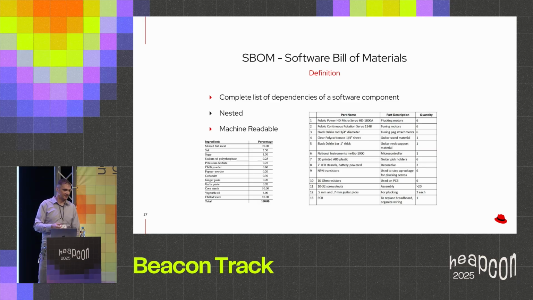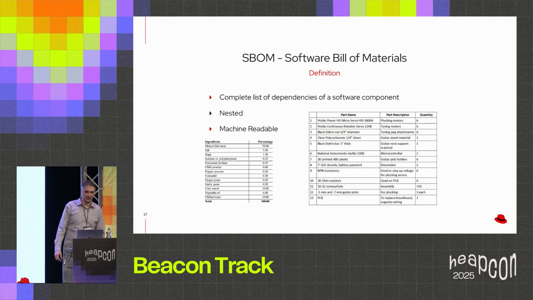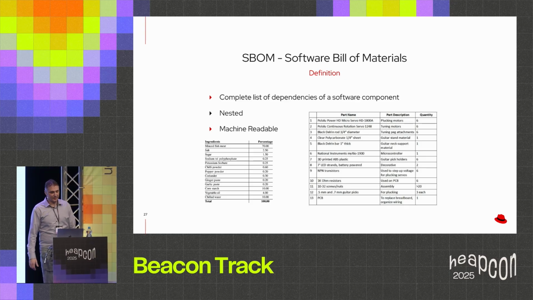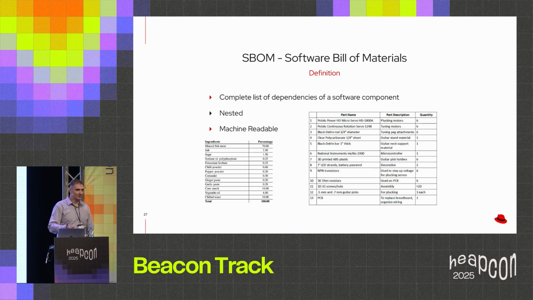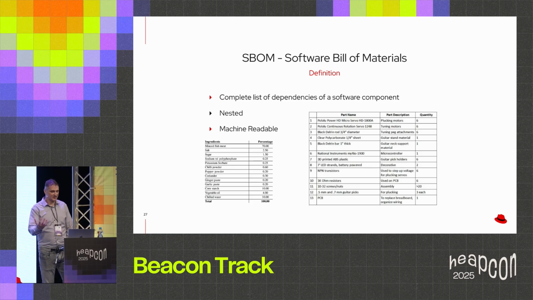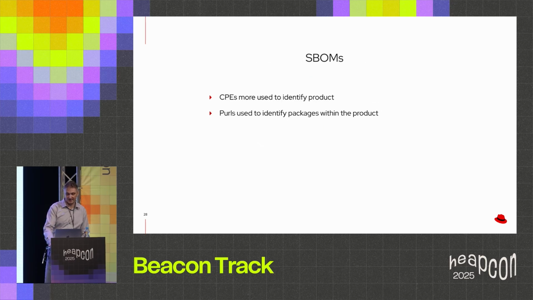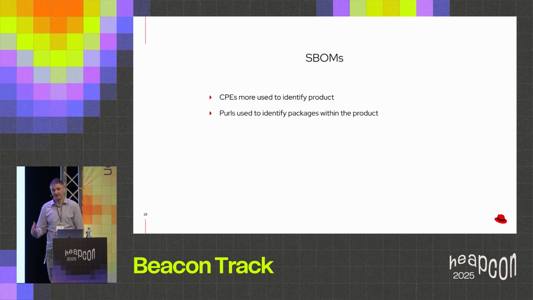And today those can go into hundreds or even tens of thousands of libraries in a big product. Because we are technical people, we want to have it in a machine readable way, so it's usually a JSON file, and it allows us to enumerate all the things in the product.